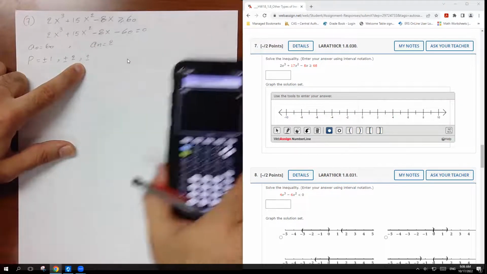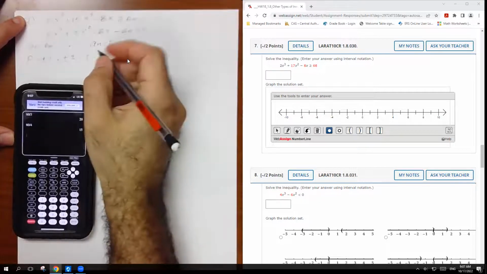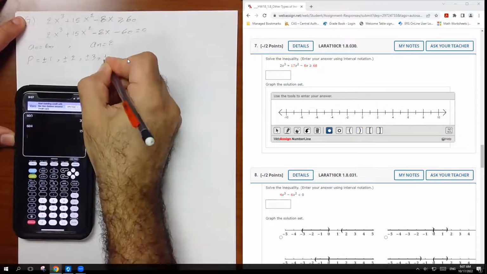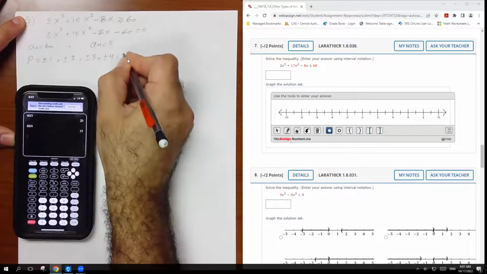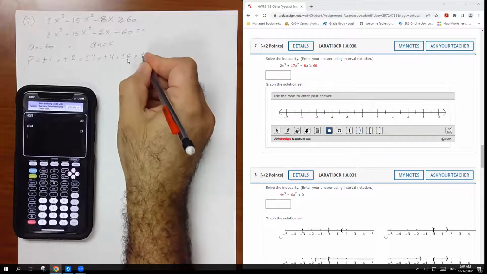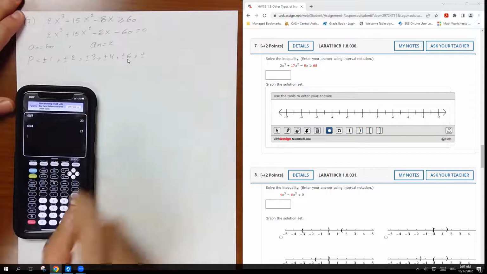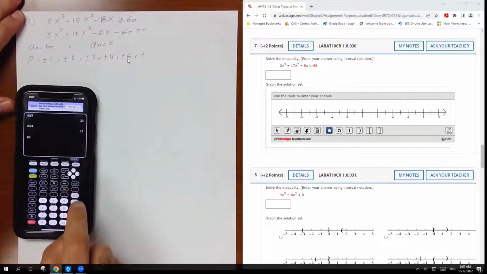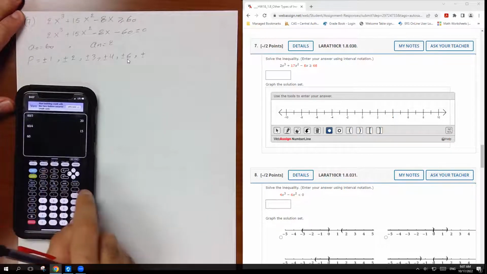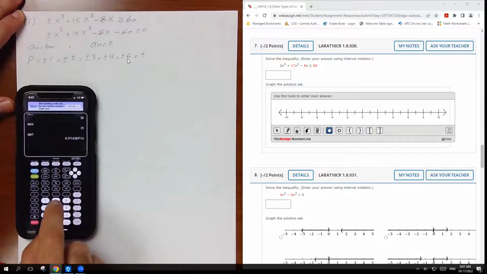And by 4, 60 is going to be 15, so plus or minus 4, plus or minus 6, 6 times 10. 7, you can't, because 60 divided by 7 is going to be a decimal number. 8, you can't.